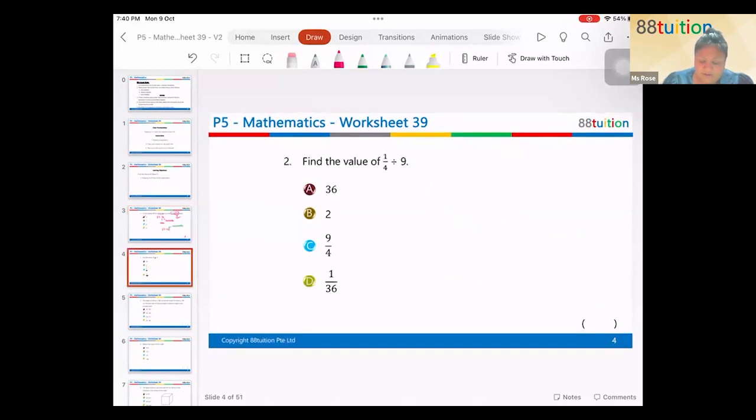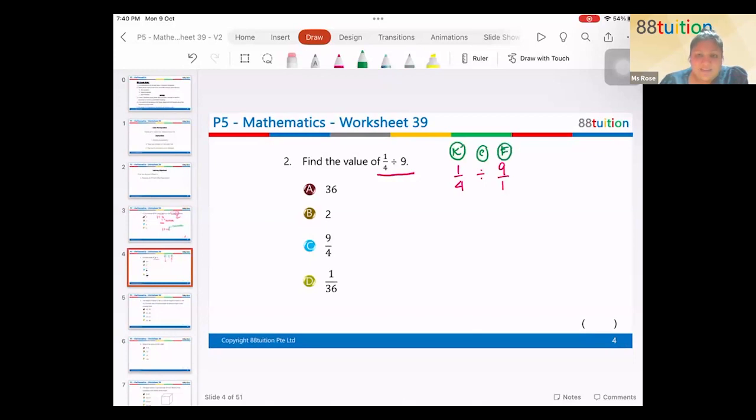You have to find the value of this fraction. Whenever you have a fraction divided by a whole number, I can actually put the whole number as 9/1. There is a rule to solve this: keep, change, flip.